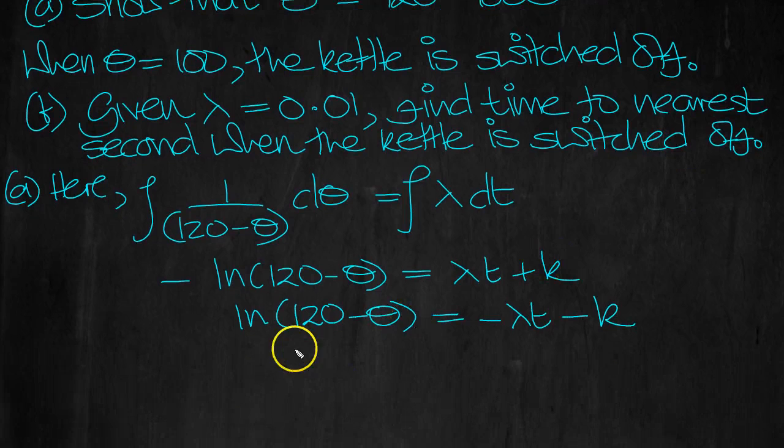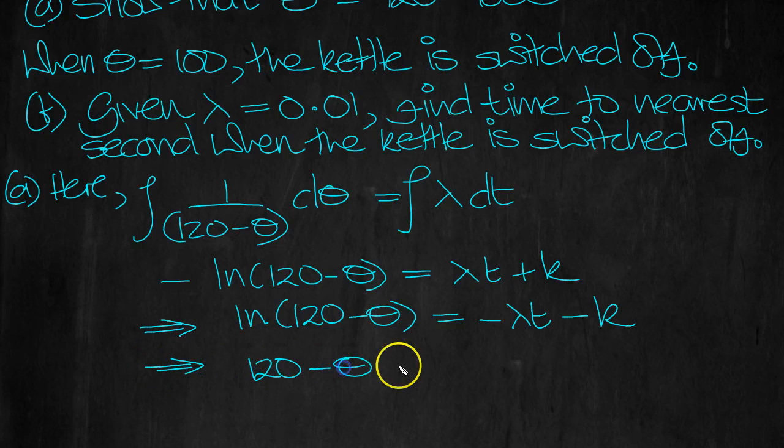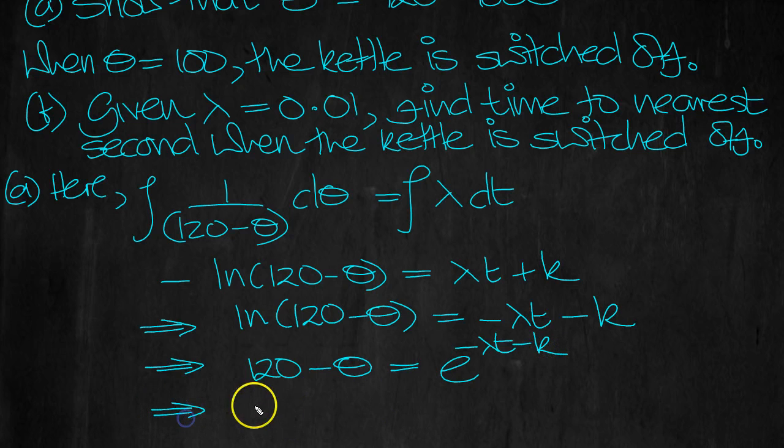Okay, so unwrap the log. So 120 minus theta: the e, log base e, comes up and hits this in the air. E to the minus lambda t minus k. So that tells us that theta is equal to, move this over there, leave the 120 as is, and move this stuff here across to be a minus with it.